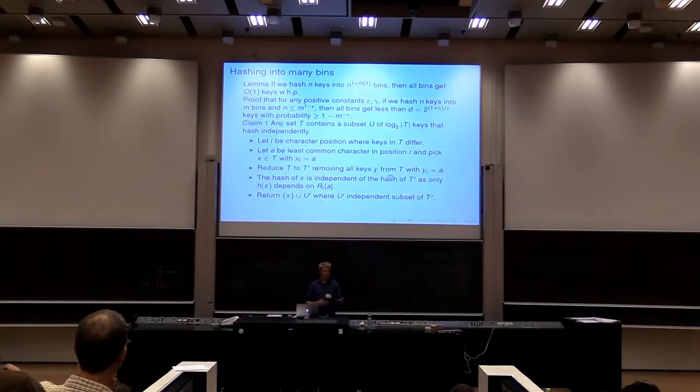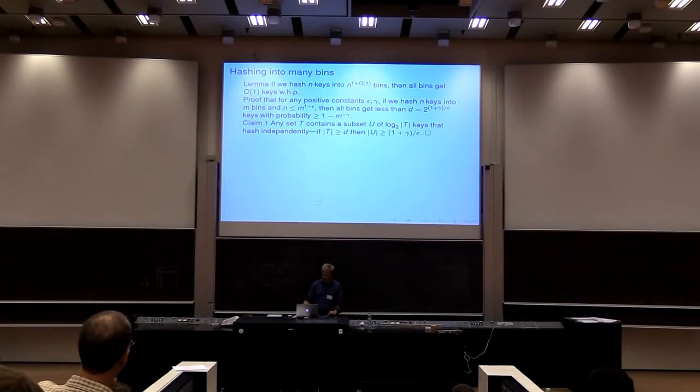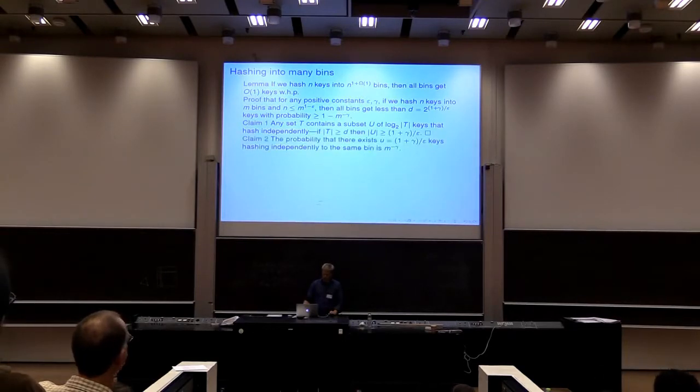And the basic point here is just that because we picked out the least common character in the position, when we get from T to T prime, we reduce the set by at most a factor 2. And then the rest is kind of trivial. We just say, well, now we know we have a set of U keys that hash independently.